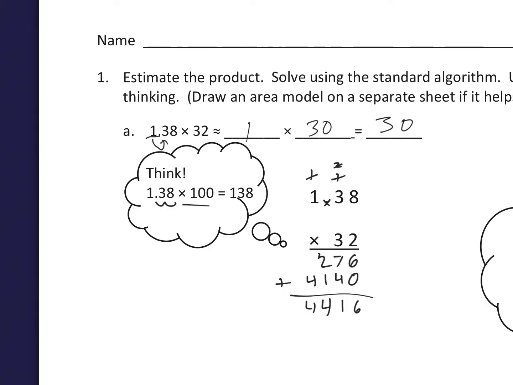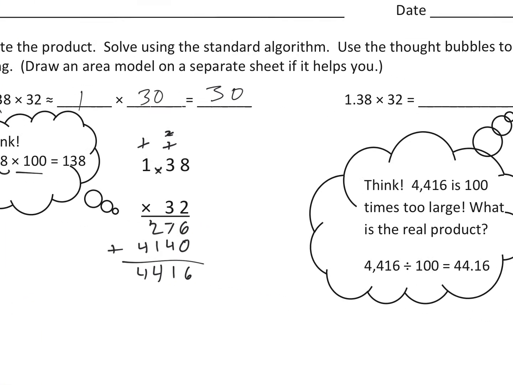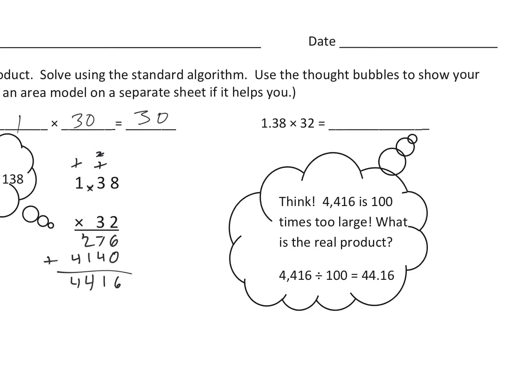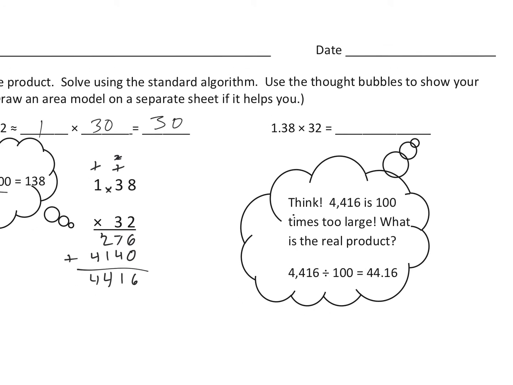But now, as we see here, it says think 4,416 is 100 times too large. What is the real product? I know it's way too large. Well, I know that my answer is going to be something around 30. That's why we estimated, right? And so my answer down here, 4,416, I know there's no way that that's right.